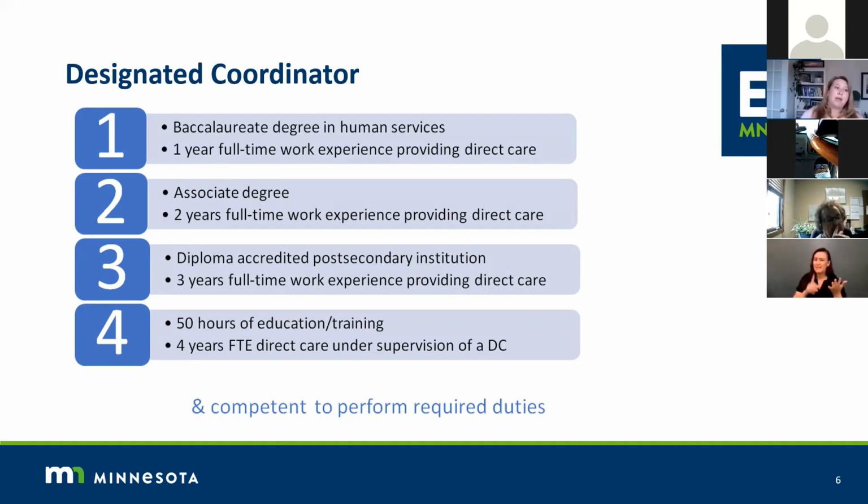And then for option number 3, that diploma from an accredited post-secondary institution, the language there really is around a set human service technician diploma that was issued, and this is probably going back to the 1980s or 1990s. It was a long time ago.